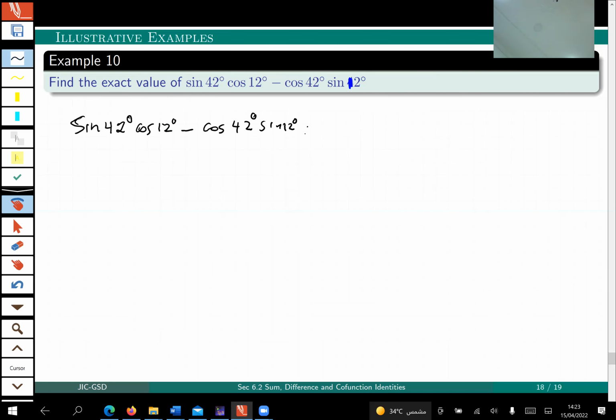We know sine preserves the sign, which means if this is minus, that will also be minus. The first angle is again 42, the second angle is 12, so that's sine 30, and we know sine 30 from the table of the triangle is 1/2.